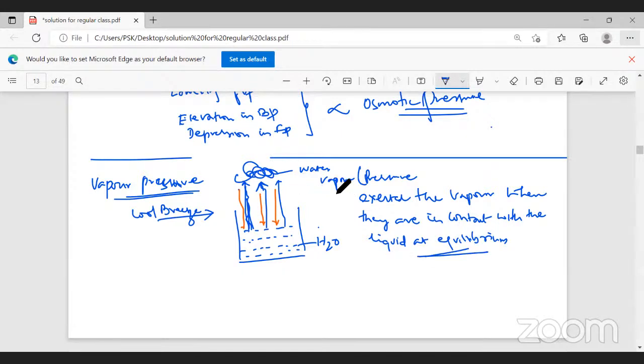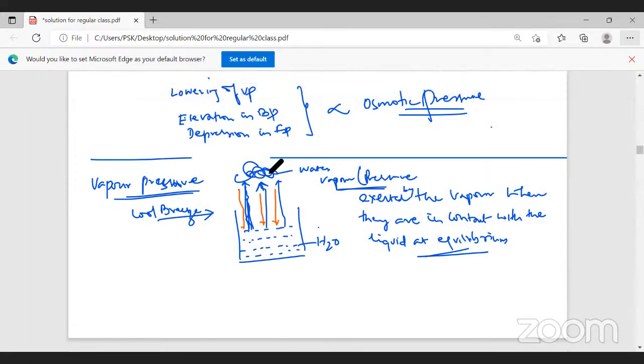What's the definition for vapor pressure? Pressure exerted by the vapors when the vapors are in contact with liquid at equilibrium. See, these are water vapors, and these water vapors are in contact with water at equilibrium. At that time, whatever the pressure exerted by these vapors is called vapor pressure.